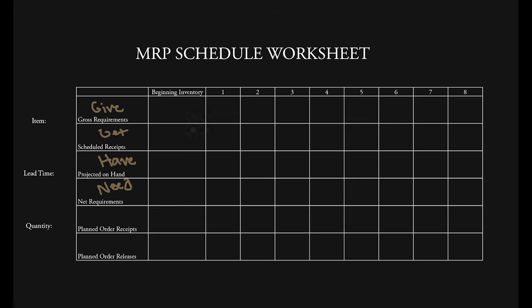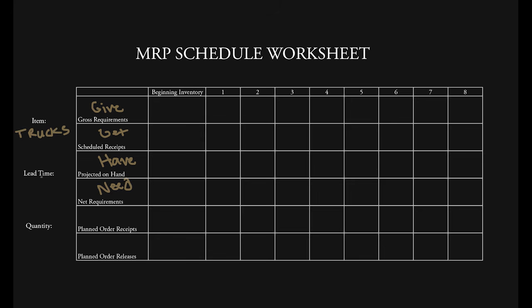And then as you start working through some of the practice problems in class, if you haven't already, you're going to notice that in any given problem, there's going to be typically an item that we're making. And in this lesson, we will be making trucks.